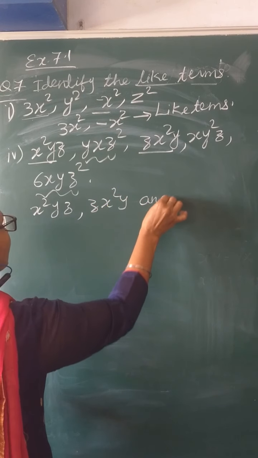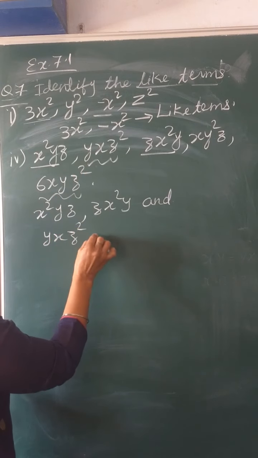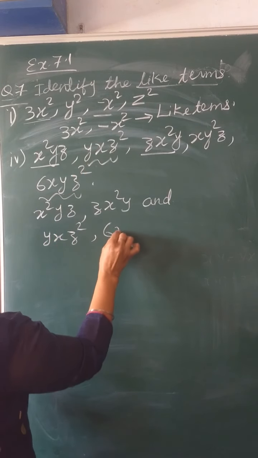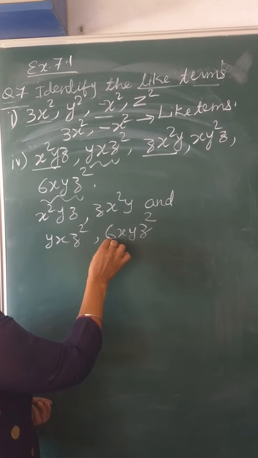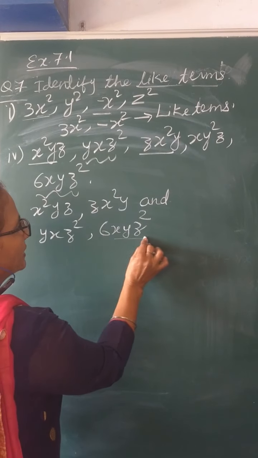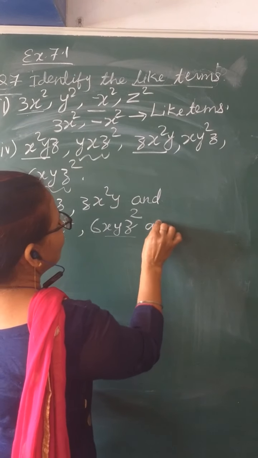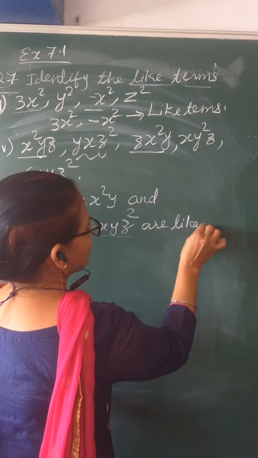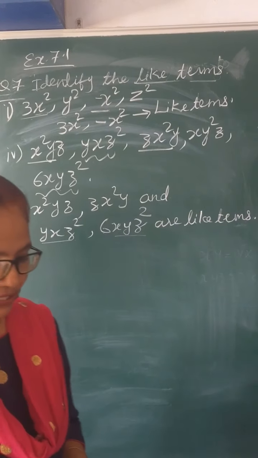And yx z square, 6xy z square. Coefficient may be any. Okay, you have to just identify this part. Now these are like terms. In this way you have to write the rest of the examples.